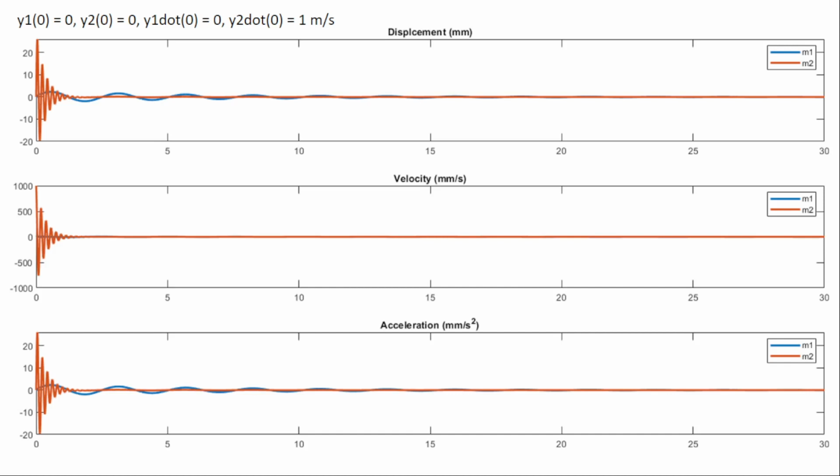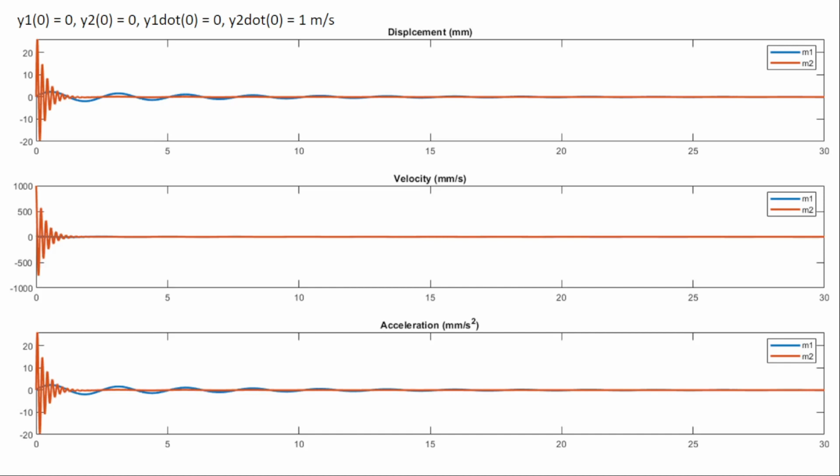The orange curve, corresponding to m2, will initially show rapid oscillations with high amplitude, and then it will quickly settle down to 0 in about 3-4 seconds or so, whereas the car body is relatively heavier, so it will show a sluggish response.